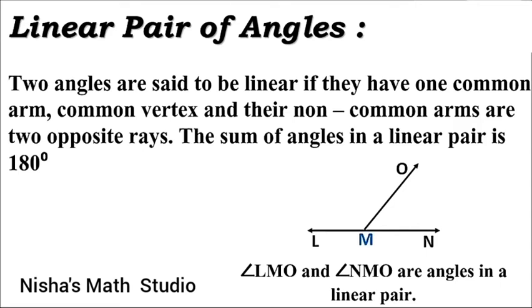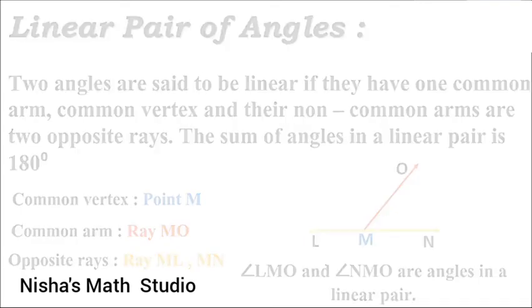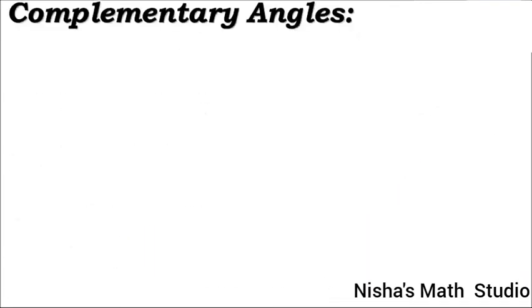Here M is the common vertex, MO is the common arm which separates these 2 angles, and the non-common arms, that is LM and MN, are in opposite directions. So the opposite rays are ML and MN. The sum of these 2 angles is obviously 180 degree because it's a straight line.